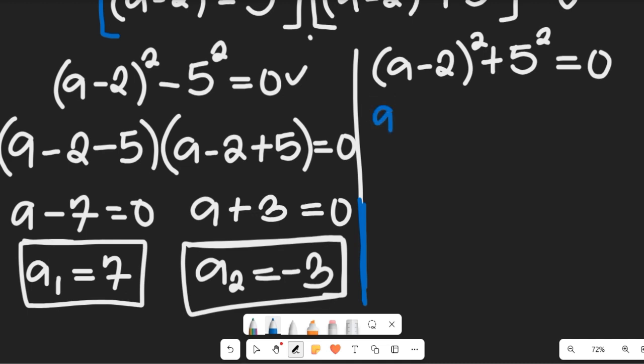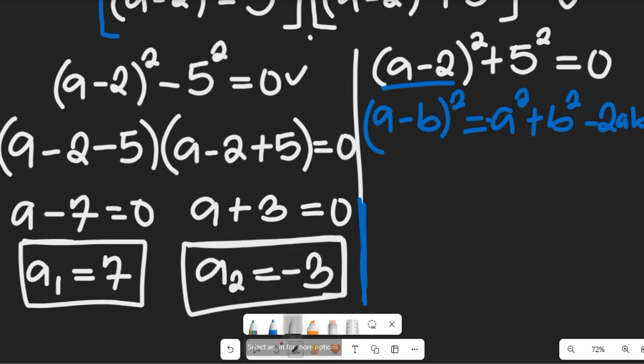Do you recall this algebraic formula, a plus b all squared? You know what this can give us. This will be equal to a square plus b square minus 2ab, right?